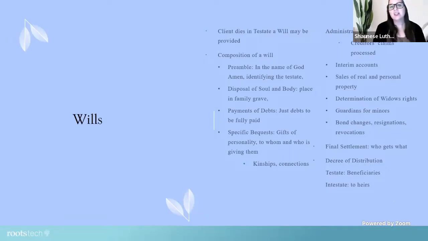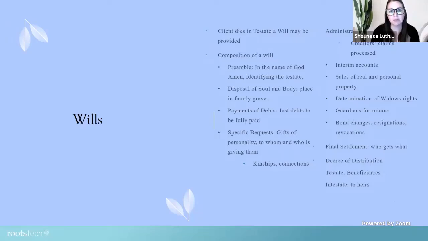And then you have the determination of widow rights. So, and I think I talk about this later on, but if I don't, I'm going to talk about it right now. In the determination of widow rights, the husband might say the widow can have his land until she got remarried or until his son became of age.